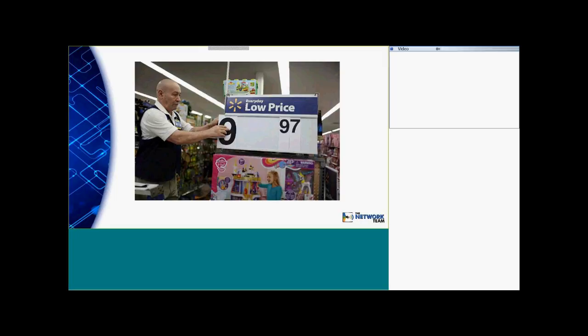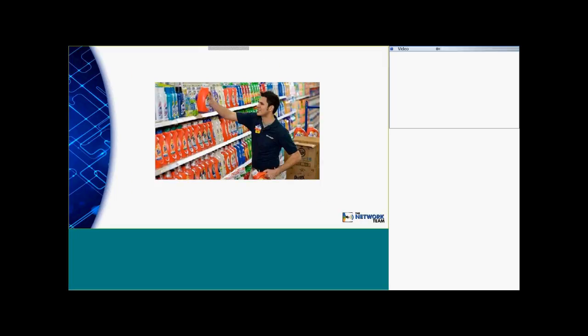In this case, he's changing pricing on an item. And this other one, the fella is a third-party employee. You can see he's got a brand on his shirt that is not a Walmart brand. It's a third party. He probably works for the vendor that supplies that dish detergent or that laundry detergent and is stacking on the shelf as part of his job description.